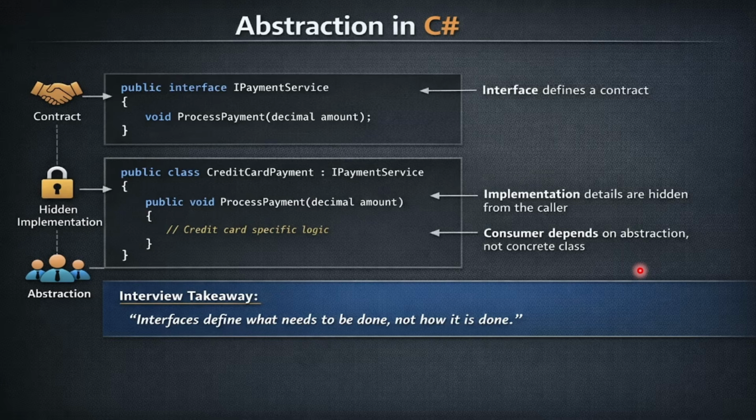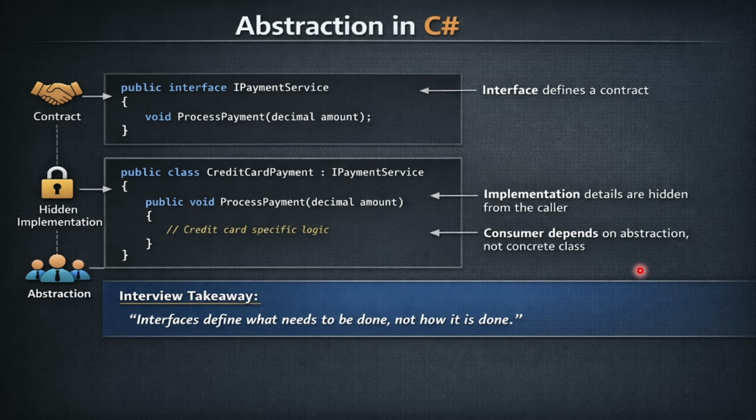Let me explain how we achieve that. If we talk about abstraction, there are basically two ways we can achieve it. One is through interfaces. We define an interface and the implementation detail will be implemented by a class which is going to implement that interface. That's one way of doing that. The interface defines what is to be done, not how it's going to be achieved.